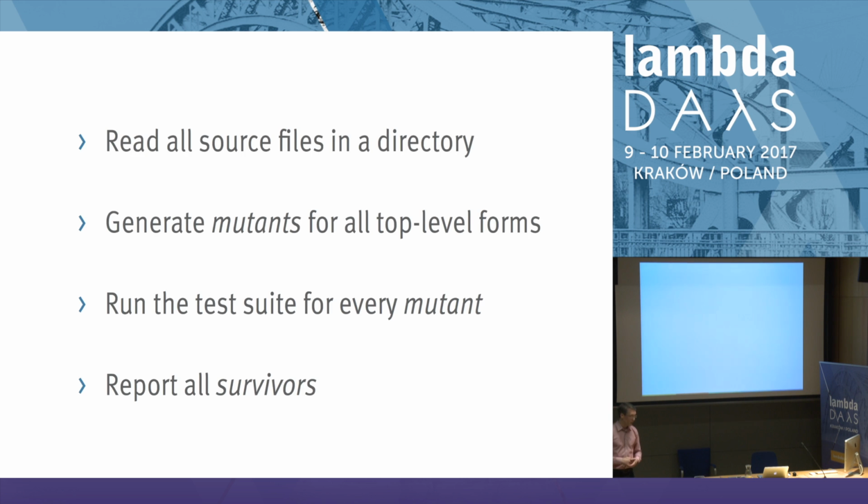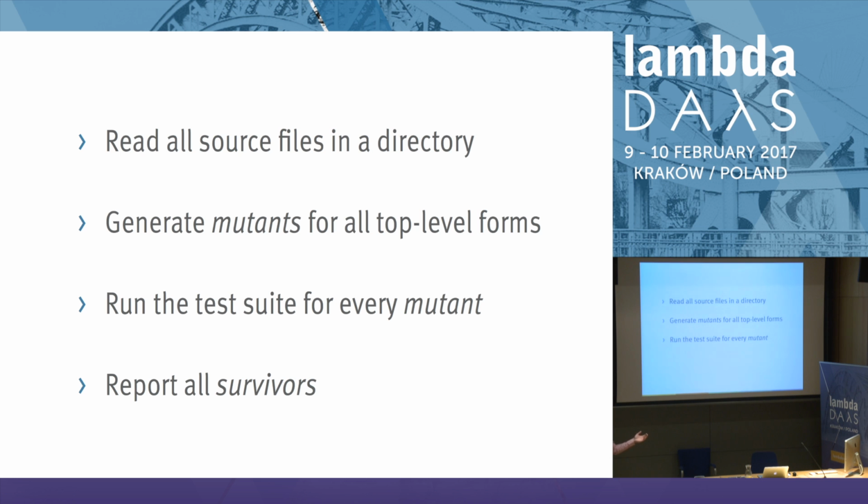The library itself executes four simple steps. It reads all sources in a directory you pointed to, in your sources directory. Then, for every single top-level form in your sources directory, it tries to generate mutated variants of this form.